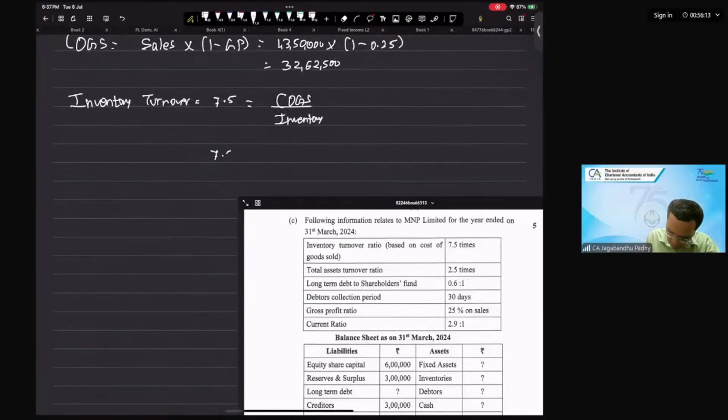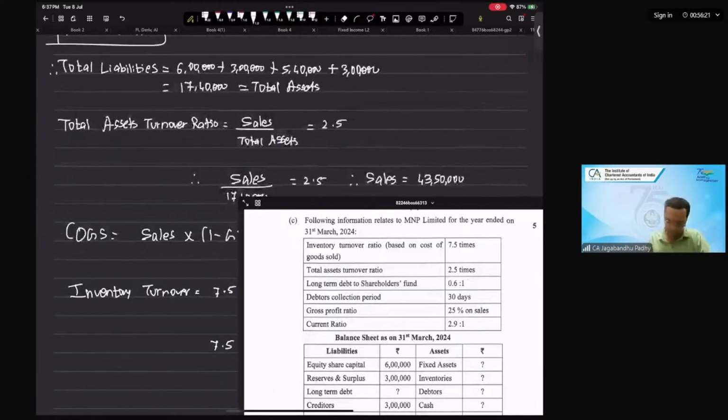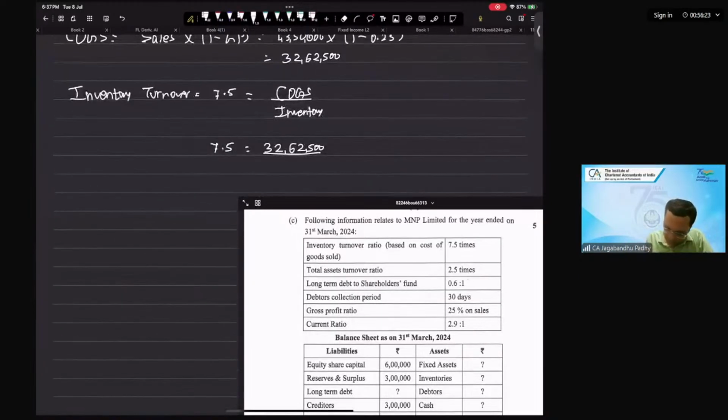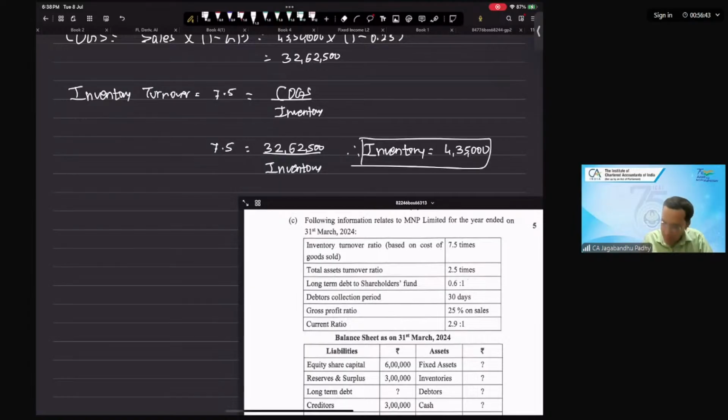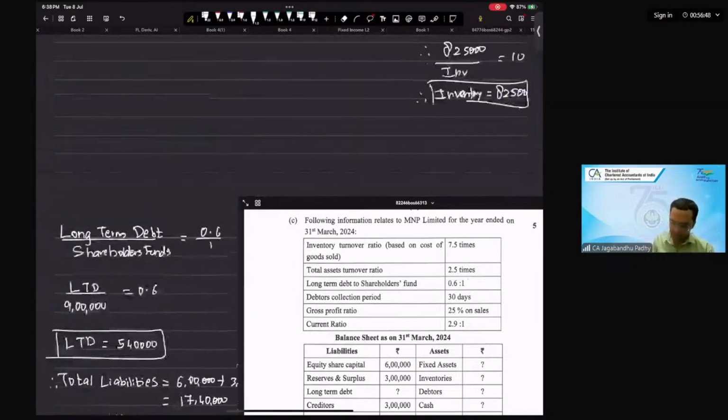So 7.5 equals 32 lakh 62,500 divided by inventory, which we want to compute. Therefore inventory will be 32 lakh 62,500 divided by 7.5, which is 4 lakh 35,000.